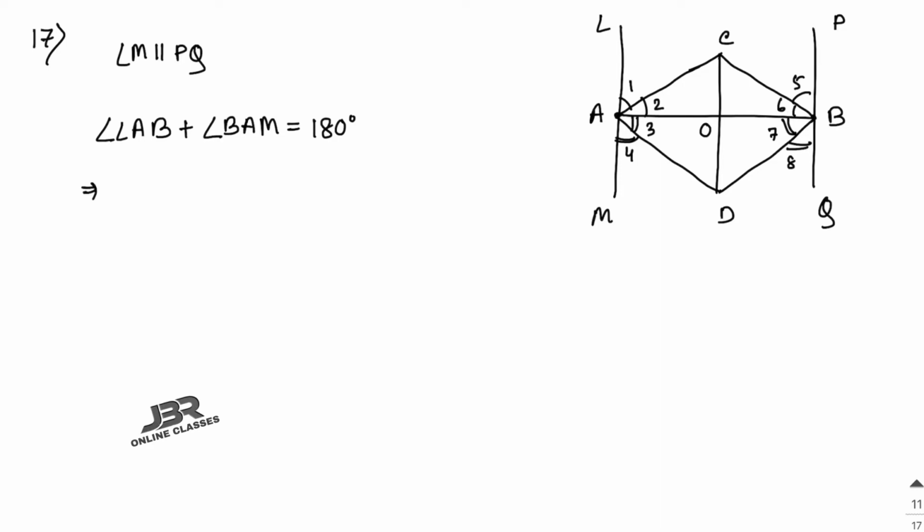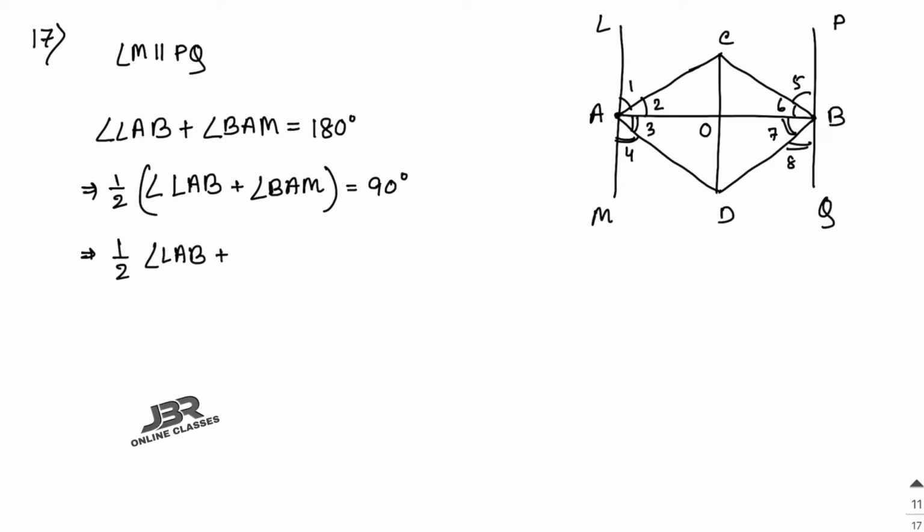Now half of this, half of angle LAB plus angle BAM, equals 90 degrees. So you can write half angle LAB plus half angle BAM equals 90 degrees. So that means angle 2, half of LAB, plus angle 3, angle 2 plus angle 3, equals 90 degrees. So you can write CAD equals 90 degrees.